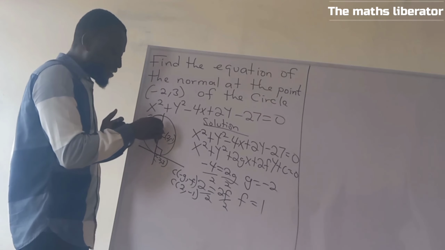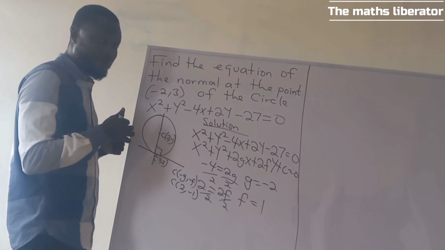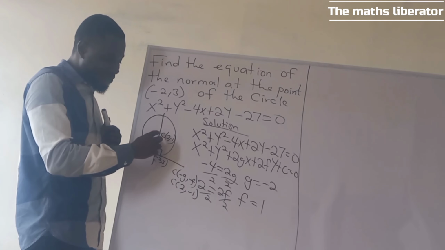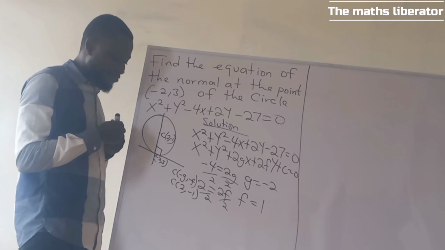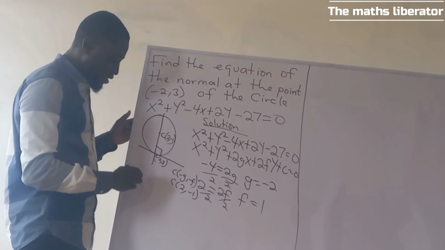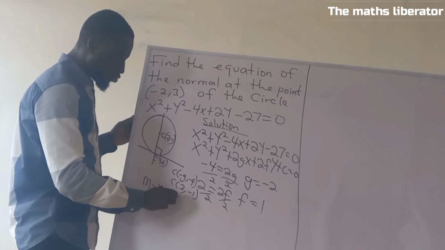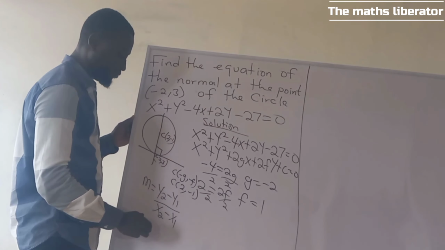So now I have my center and I have this point, which is for the normal. I'm going to get the gradient from this. From the center to this point, which is the radius, I'm going to find the gradient of this radius. So m, the gradient, is y2 minus y1 over x2 minus x1.